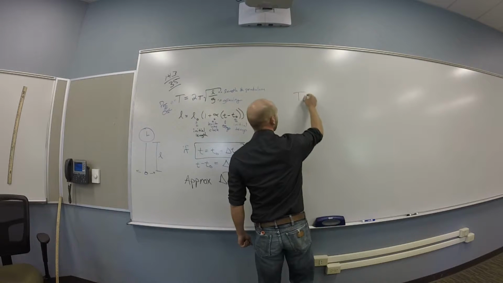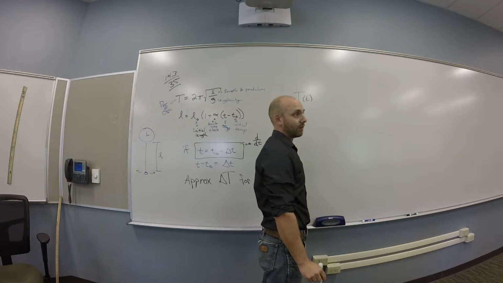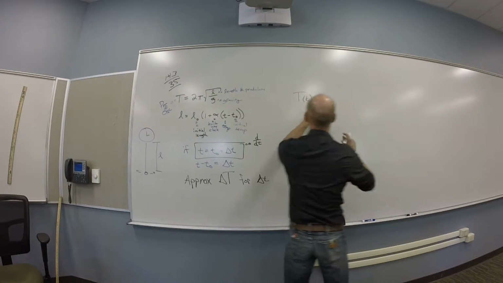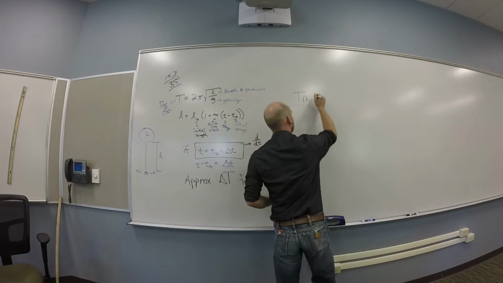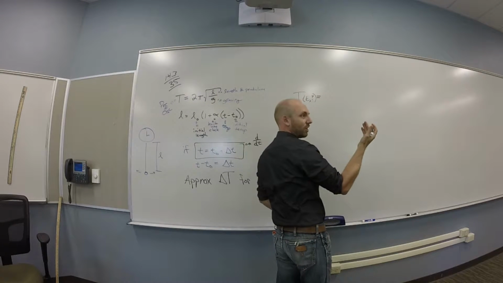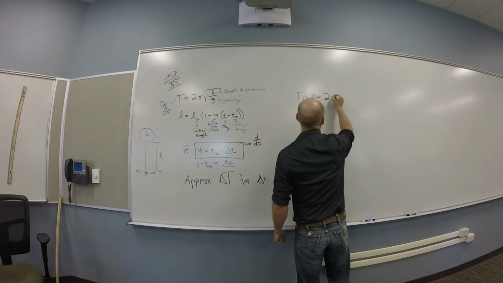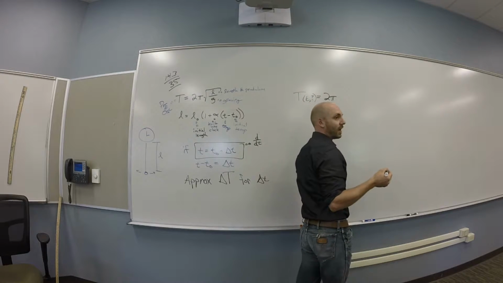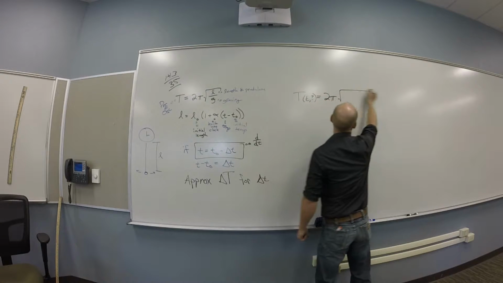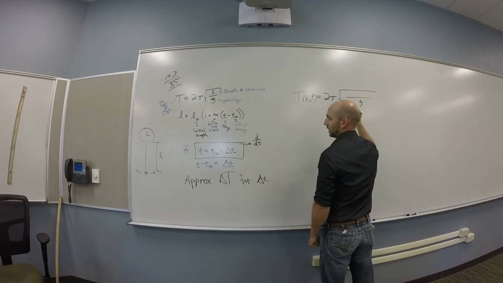So let's make capital T a function of little t. There might be another variable in there when I'm done, so let's see if there is. I've got a 2 pi, that is constant. And I've got a square root of something over g. What's g?